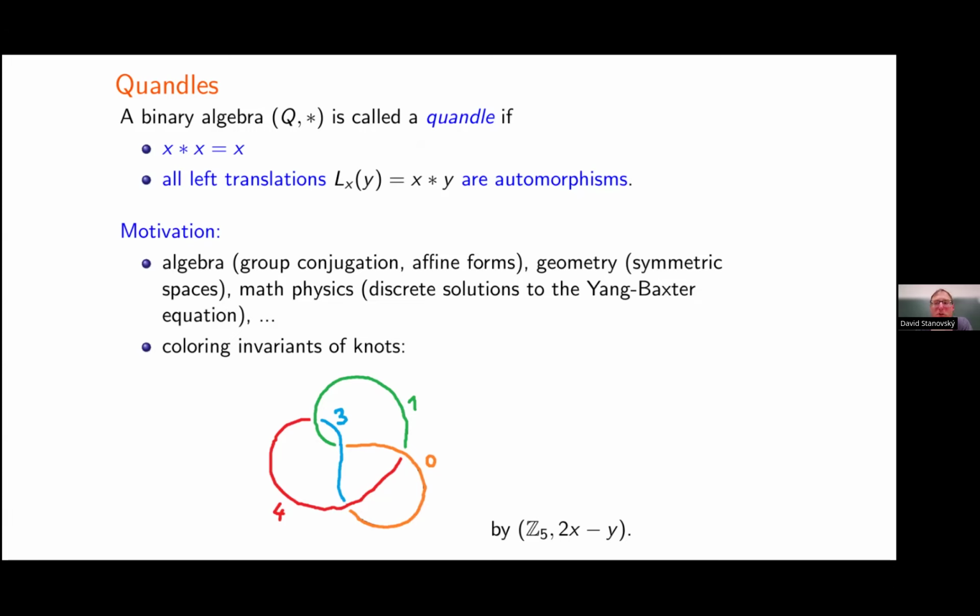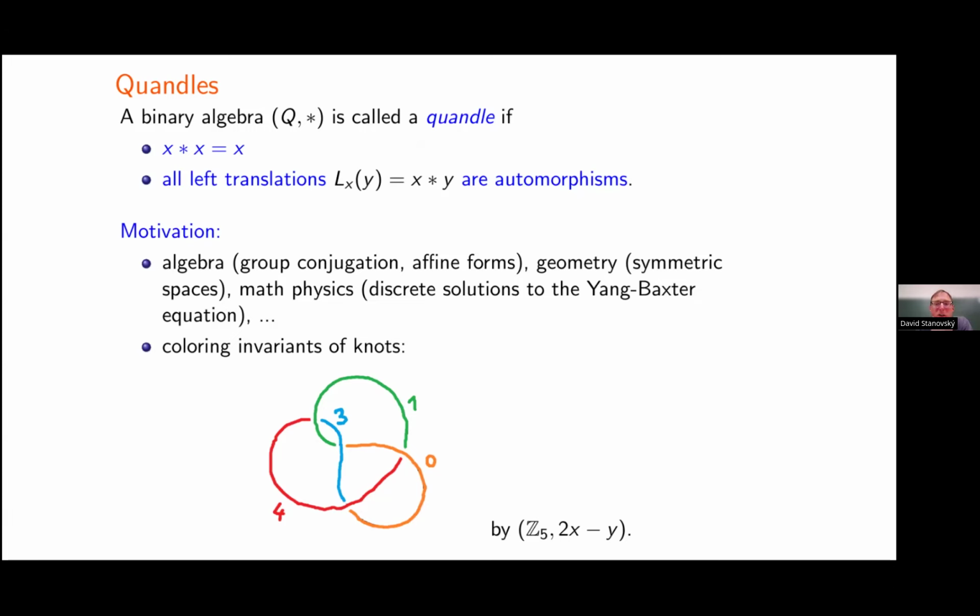One of the original motivations was the study of symmetric spaces, a concept in differential geometry, which actually leads to quandles which have a differentiable structure. In mathematical physics, quandles are a particular type of solutions to the Yang-Baxter equation, for instance, and so on.